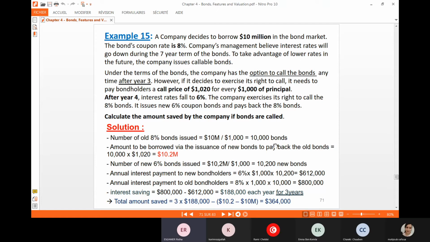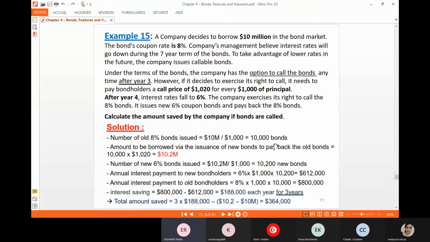The company exercises its right to call the 8% bonds, will buy back the 8% bonds. And how to raise funds to be able to buy back these 8% bonds? By issuing new bonds that will pay the current interest rate of the market, which is 6% interest only.